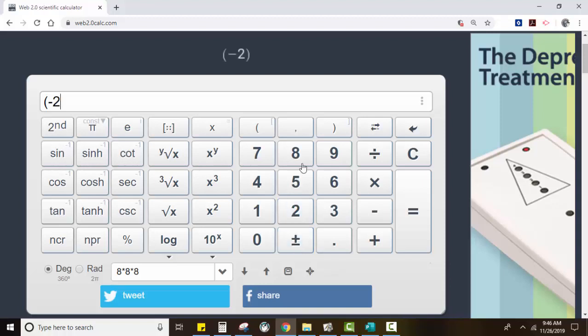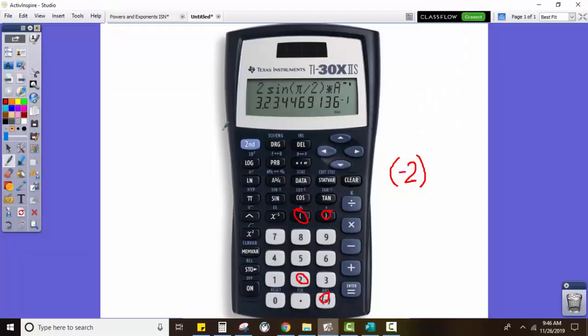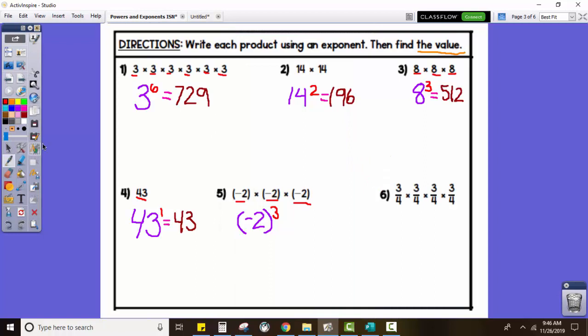So -2 times -2 times -2 equals -8. So I'll write -8 for my answer.